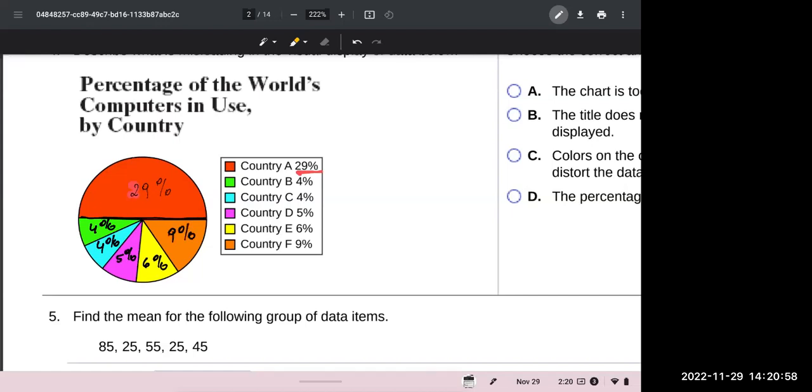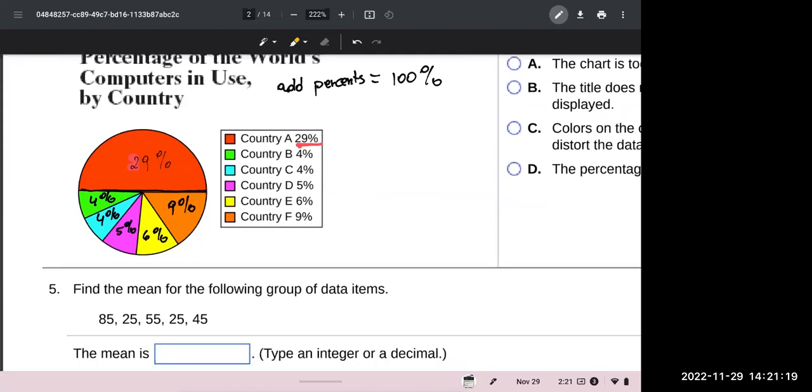We all know that when we're dealing with percentages in a circle graph, you should add the percentages and always end up with 100%.